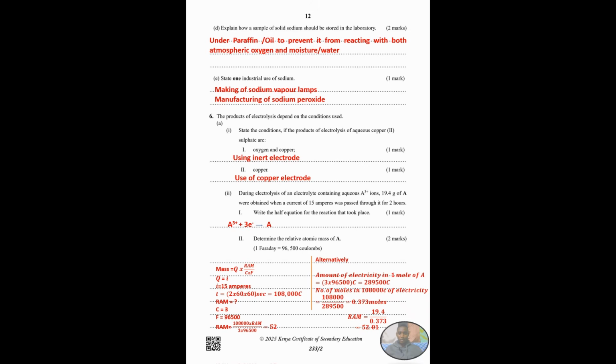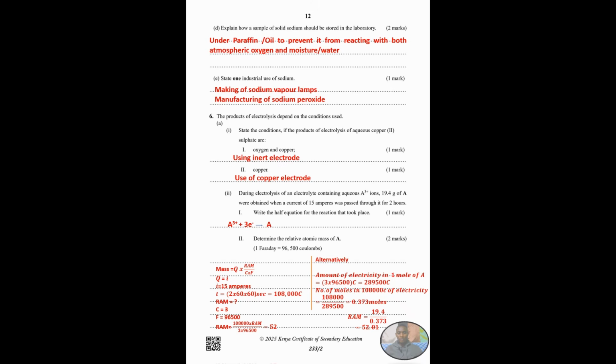We multiply by 3, we get 289,500 coulombs.